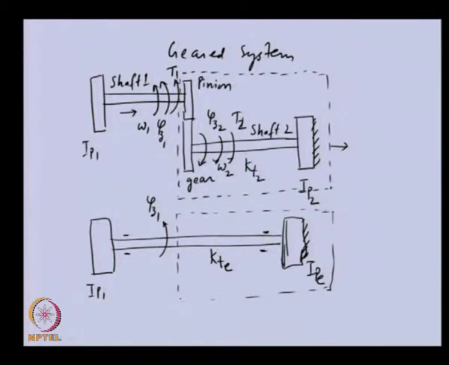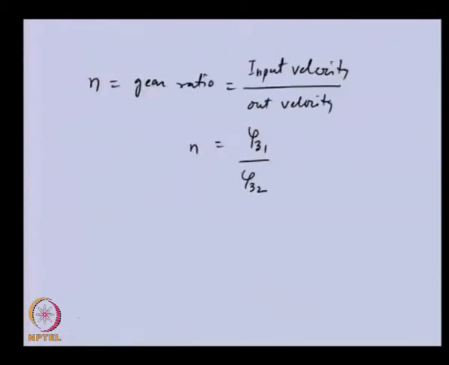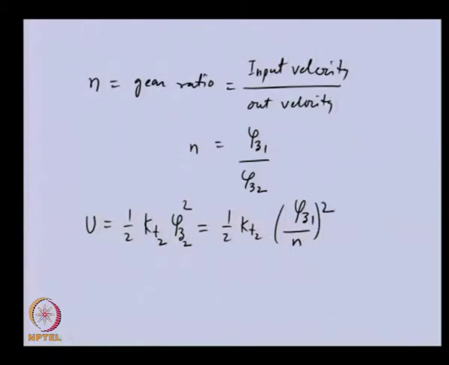For the first, actual system, the strain energy will be, because the second shaft has stiffness KT2 and its angular displacement will be this, squared. This is the strain energy in the actual system, and using this gear ratio we can write it as KT2 phi Z1 by n, whole squared. This is for the actual system.